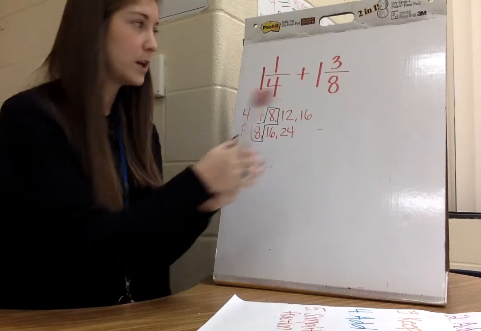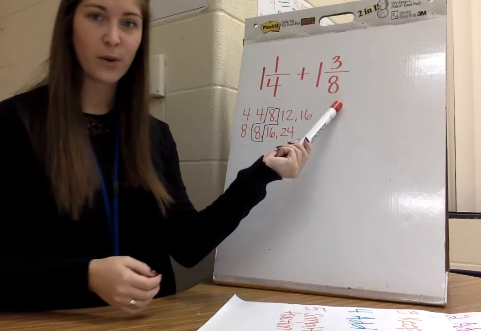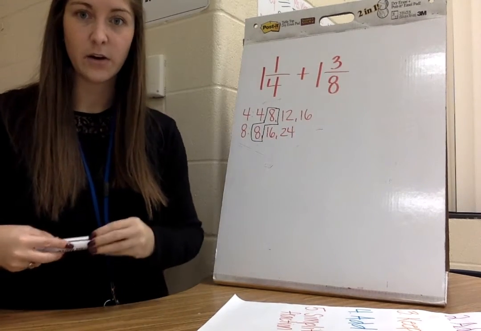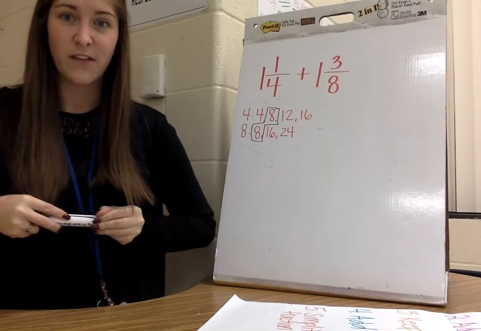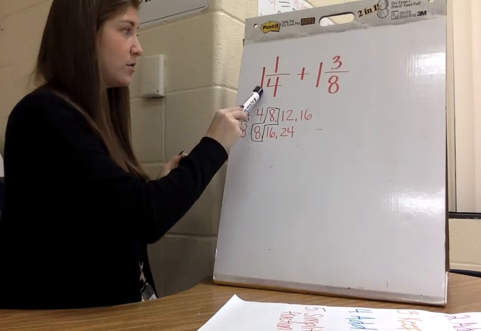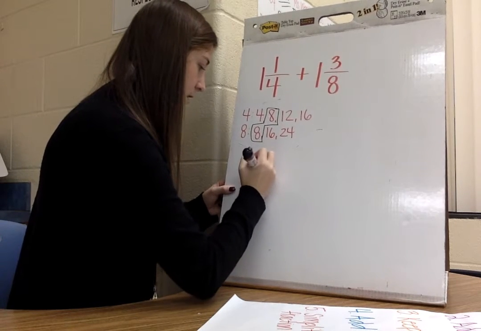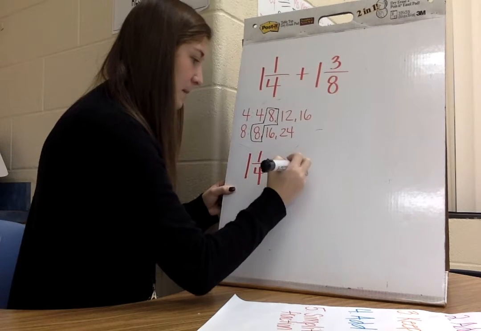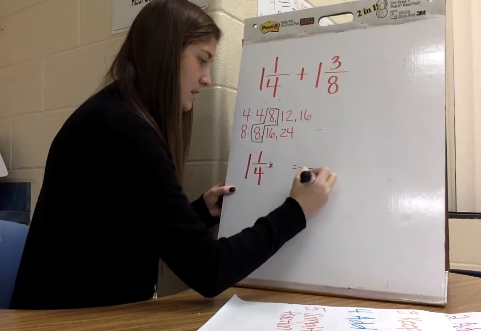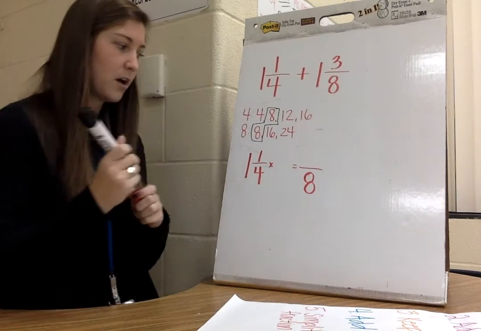Now, for 1 3/8, that fraction already has 8 as the denominator. So I don't have to do anything with that fraction. All I need to do is change 1 1/4. I need to multiply it by something to let me have a denominator of 8.